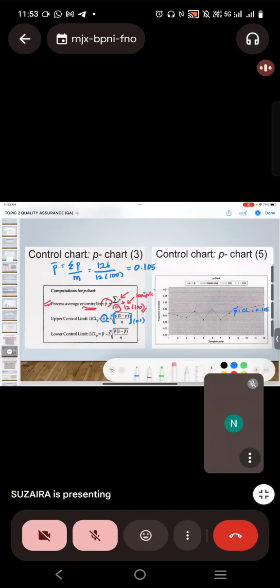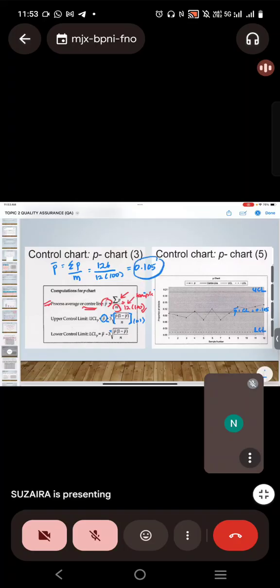Now once you already have the P bar, we want to calculate the UCL and also the LCL. You already have the number 0.105.